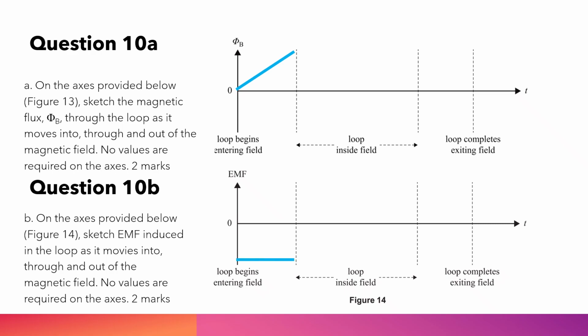Inside the uniform field, the magnetic flux is constant, at its maximum value, meaning the rate of change of flux is 0, and therefore the induced EMF is also 0. Exiting the field, phase 4, at a constant speed, the magnetic flux decreases constantly, is a negative constant, inducing a constant positive EMF.